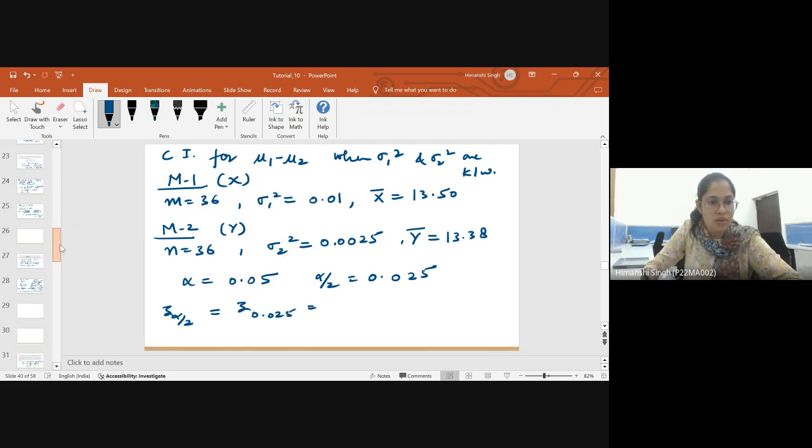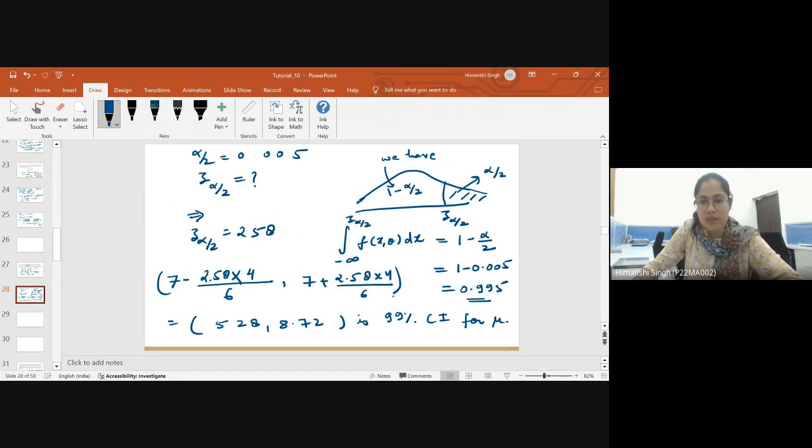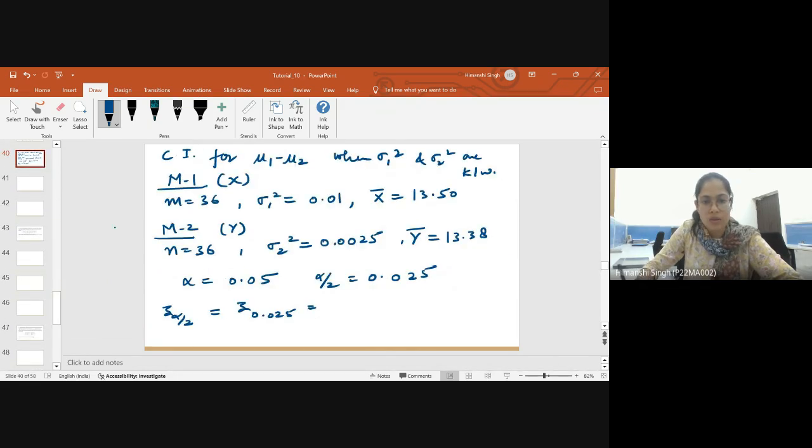So what was it? That was 0.005, but we need to calculate 0.025, so this will be different. We will be calculating it from the table.